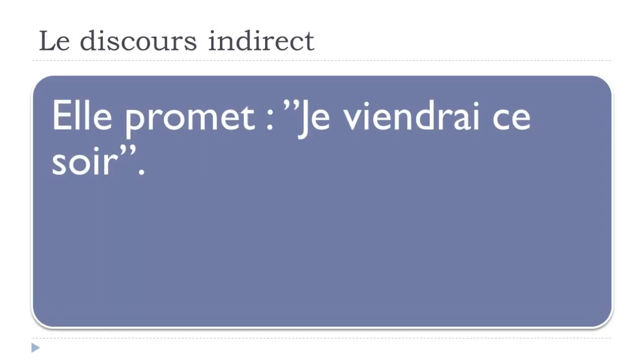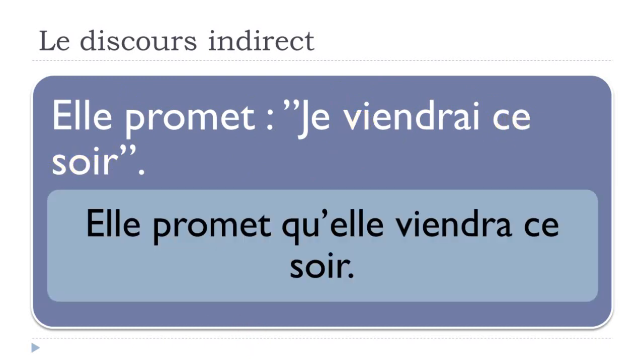Okay, so a third example, elle promet je viendrai ce soir. Promettre is to promise, and then je viendrai, so I will come ce soir. Here, elle promet, que, so we should first have this que. Of course, as in the previous example, you must modify this je.